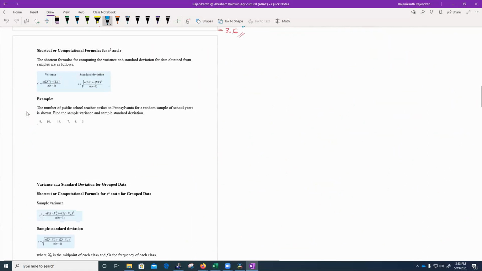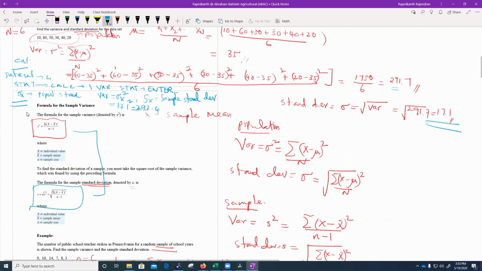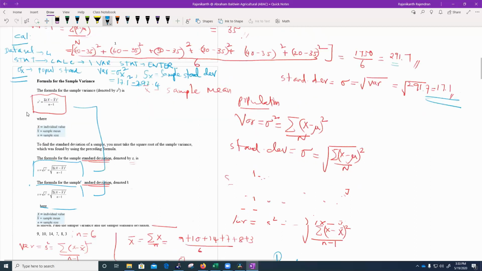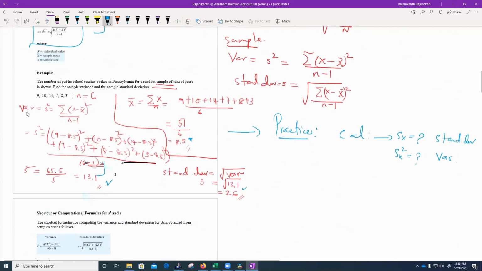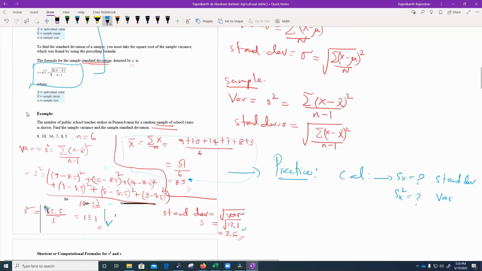If you look at this formula carefully, you don't see x bar here. That means this formula is a kind of shortcut formula. When you use the previous formula, first of all, we found x bar. So we have extra work if we want to use that formula, because you have to find x bar before finding s squared.